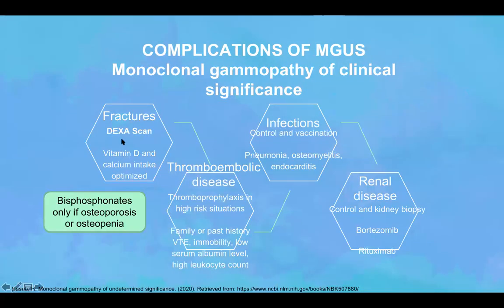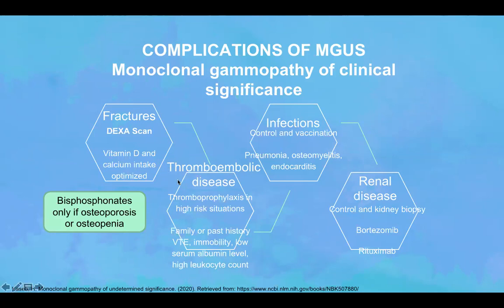So in these patients, we're going to make sure that we don't have any of these complications. So to make sure that the patient doesn't have fractures, we're going to be doing a DEXA scan, and to make sure that the levels of vitamin D and calcium are in the normal levels. In case that we find patients with osteoporosis or osteopenia, we can choose to treat them with bisphosphonates.